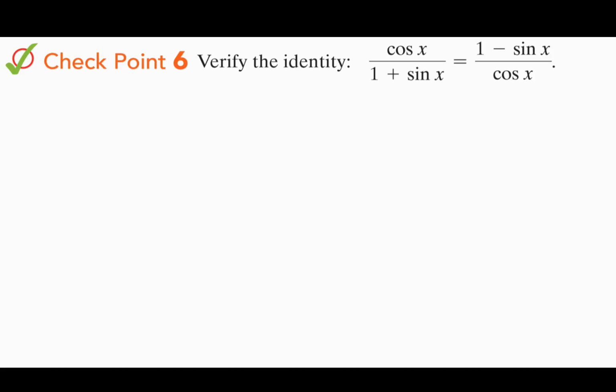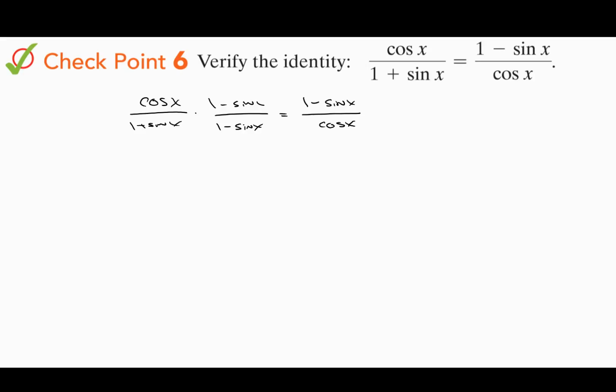Let's try it again. And right away, I'm just going to know that, okay, I see this denominator. Okay, I see that it doesn't have anything squared in it. I want to do something with the left-hand side, so I'm going to multiply by the conjugate. Again, nothing to do on the right-hand side.